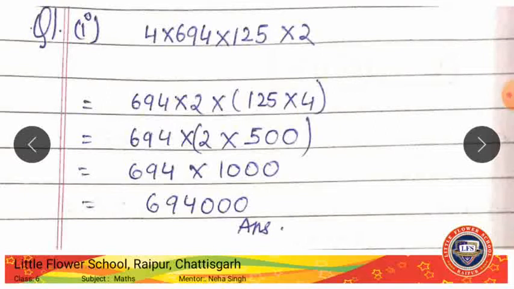Okay, you need to see which numbers are to be arranged or multiplied first and sequentially to get the product, to get the solution much simpler and easier. If we would have solved this question with the normal method, how would we have done?